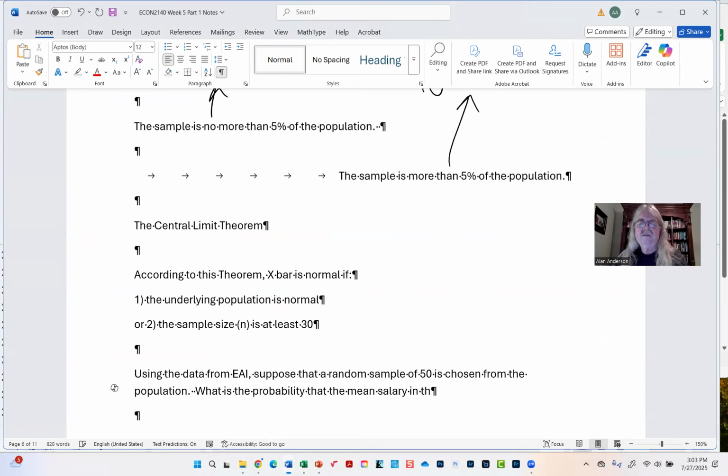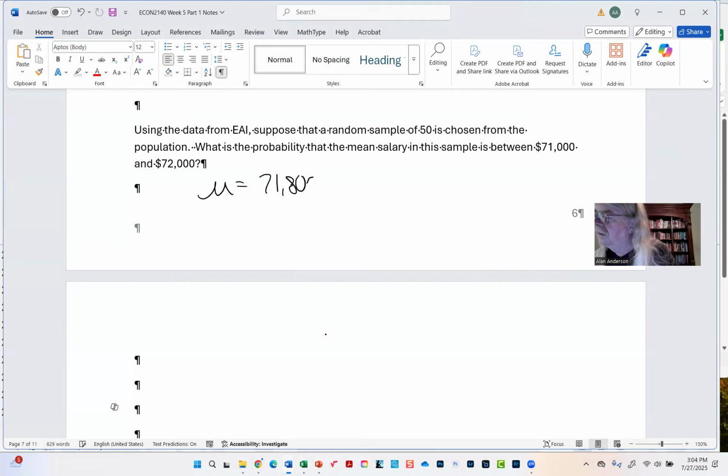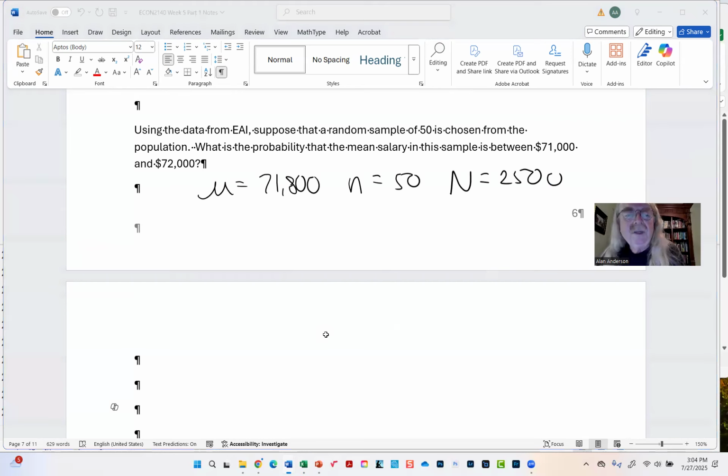Great. So first of all, let's get our information back. So we have the population mean. So remember, the sample size is 50, the population size is 2,500. We need the population standard deviation.